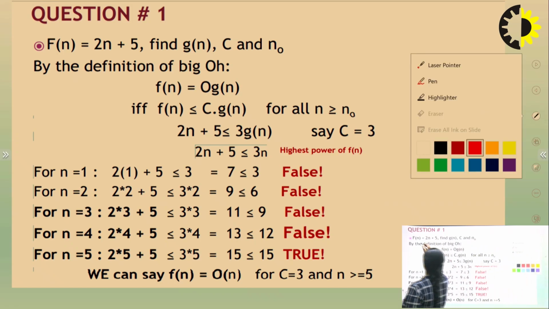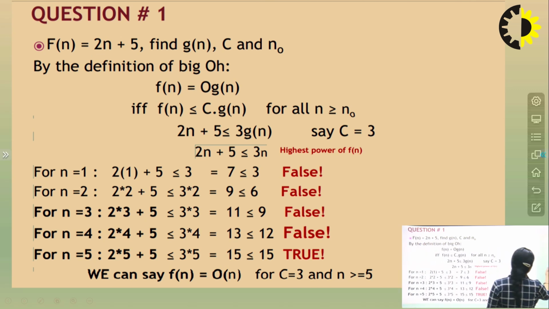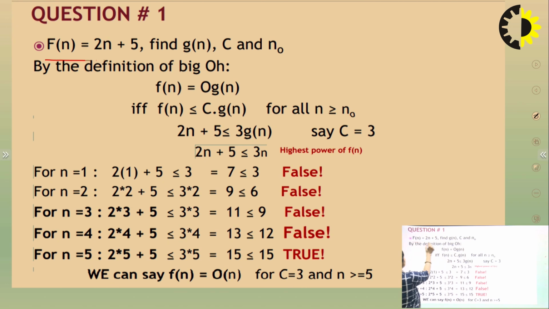Suppose we are taking a function f(n) equal to 2n plus 5. Now you have to calculate the value of g(n), c and n0. g(n) is a function, c and n0 are constants. In what condition is this f(n) equal to big O of g(n)?